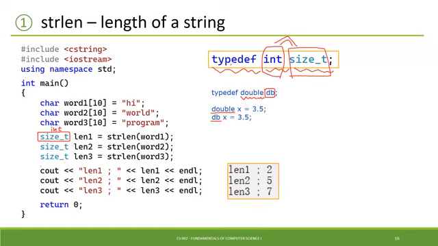In the compiler, there is information about this. So if you see size_t, just regard this as int. Size_t is just the same as int. Size_t is a name you created.